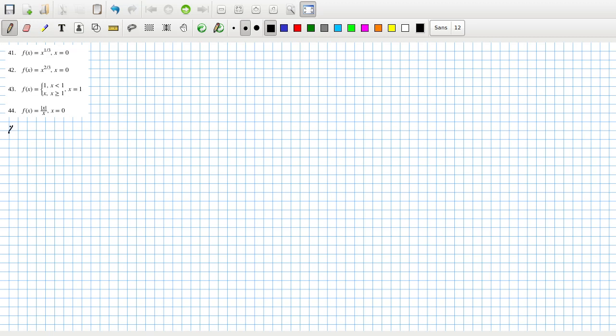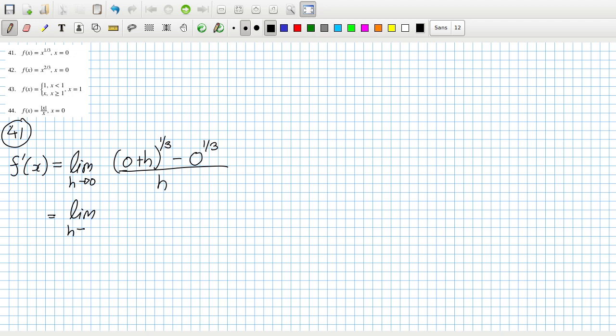You see, in 41, for example, the derivative will equal the limit as h tends to 0, and it will be 0 plus h cube root minus 0 cube root all over h. So that's the limit as h tends to 0 of h cubed over h.